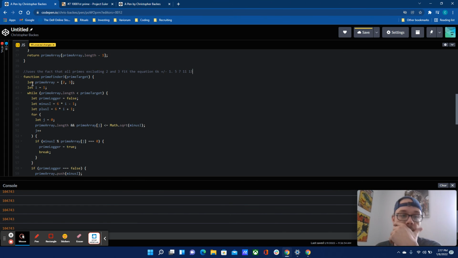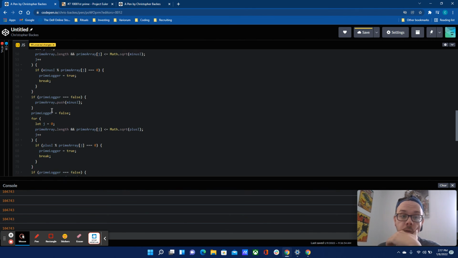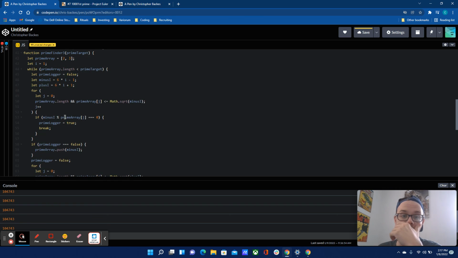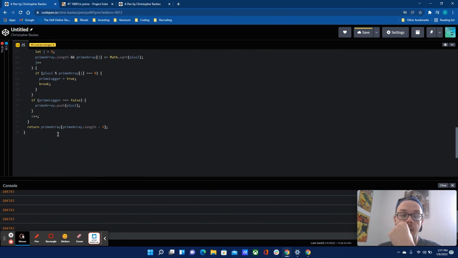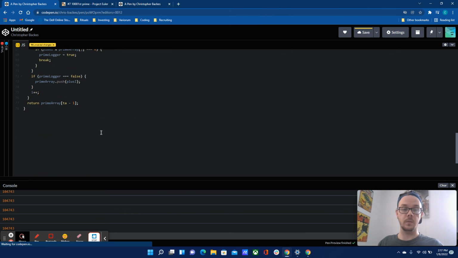So you can set it up so that we assume 2 and 3 are prime, and we're going to go through 2 different loops where we're checking for each of them, and then we return. We actually want to return the target, just in case both of them return a value.